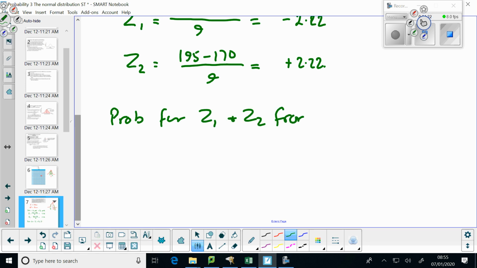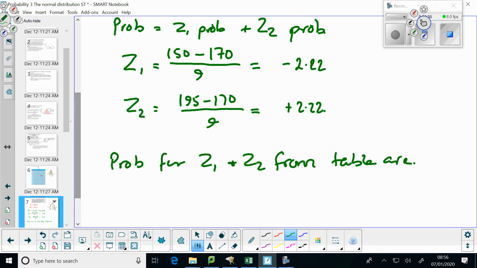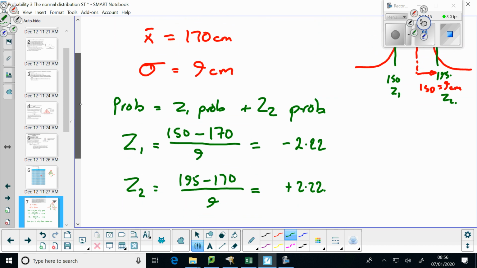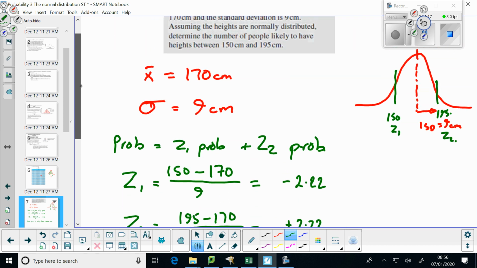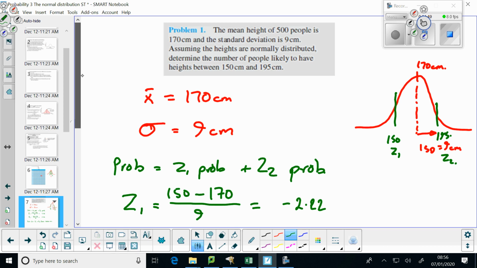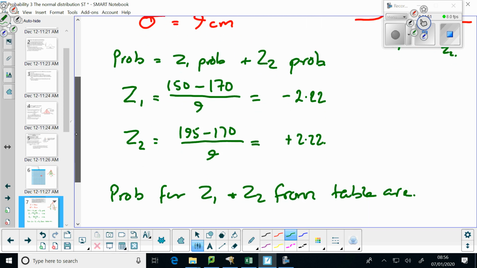So you go to your table, you're looking for 2 point, yes, hang on, Toby, how do you get the same value? Not the same value. Where's 195? This is 195.